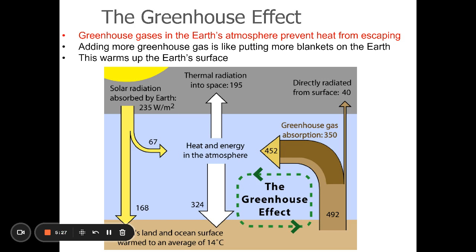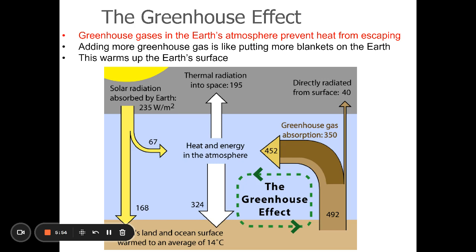These gases that are in our atmosphere trap some of that heat. Carbon dioxide is one of those gases. It's important that we have carbon dioxide and other greenhouse gases in our atmosphere. If we didn't, the Earth would be much colder than it is and maybe not able to support the life that it does. So greenhouse gases are important, but we are adding more of these gases to the atmosphere.